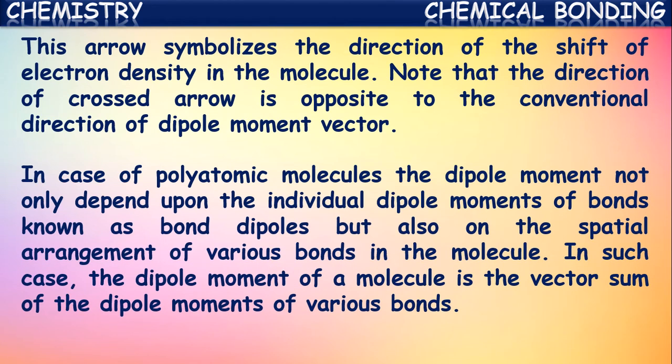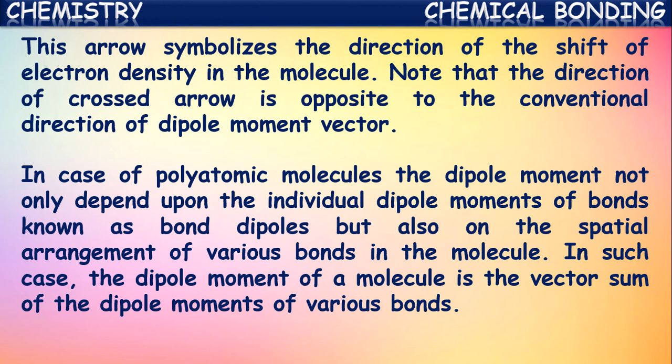In the case of polyatomic molecules, the dipole moment depends not only upon the individual dipole moments of the bonds, which are known as bond dipoles, but also on the spatial arrangement of the various bonds in that molecule.